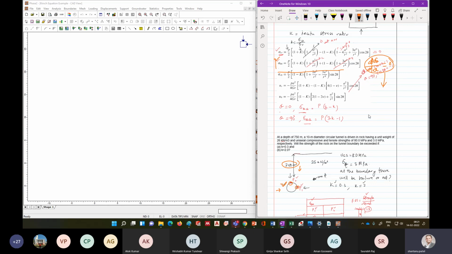It is like the derivative thing we did in our 10 plus 2. Then you can find that the most critical locations in a tunnel, where the principal stresses are vertical and horizontal, are these two locations. Is this clear? Yes, sir.